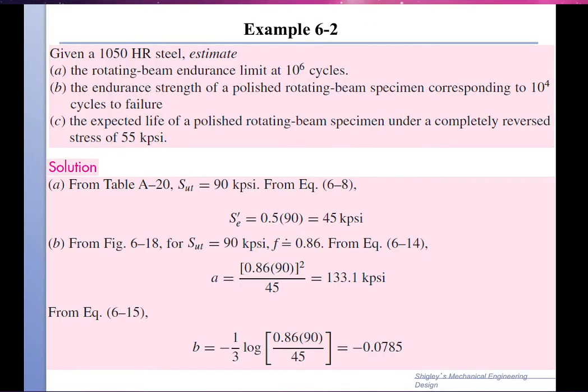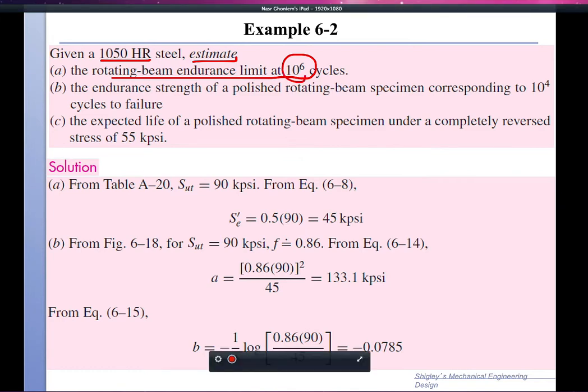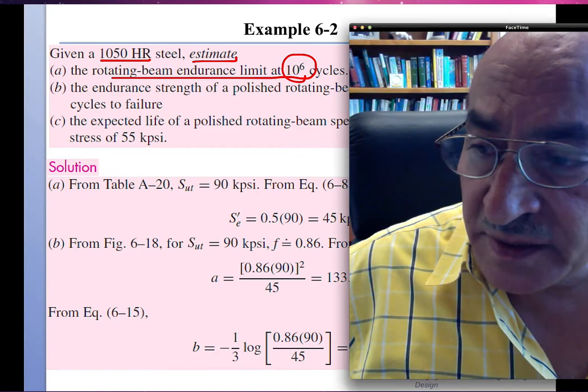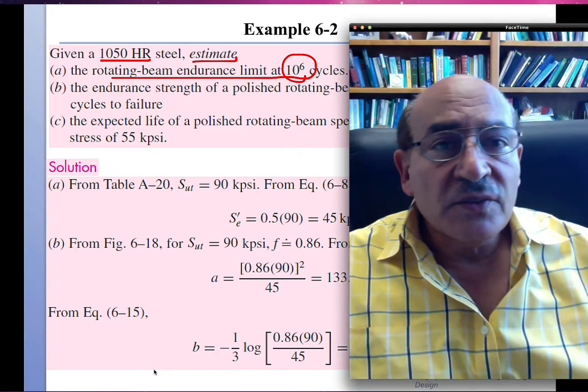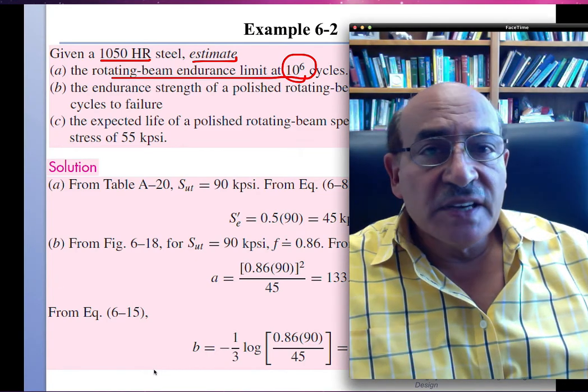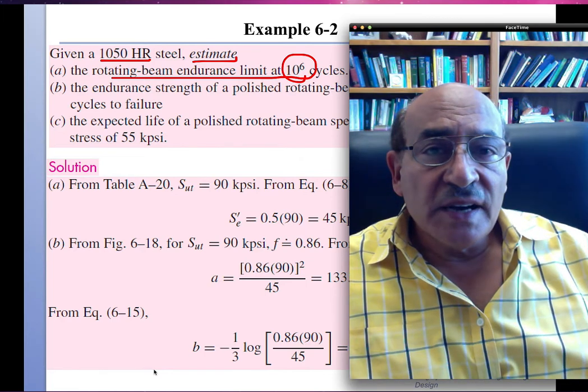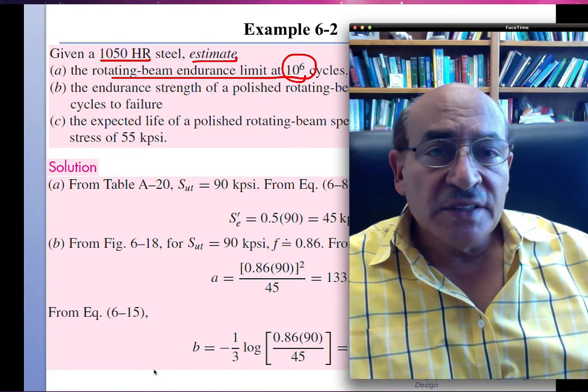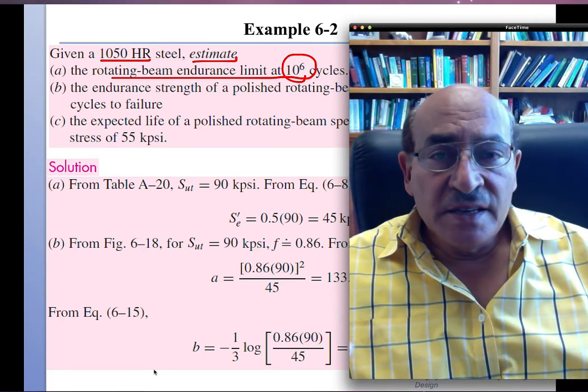So that's the representation here. And then I wanted to take an example. In this example, I have 1050 steel, and we wanted to estimate the rotating beam endurance limit at 10 to the 6 cycles. Before we go there, we can discuss it. If I want to represent the endurance limit, all I have to do is find the ultimate strength and then multiply by the fatigue factor.